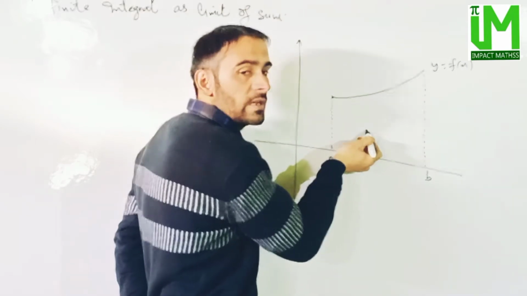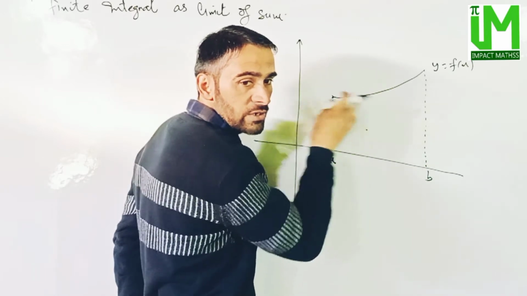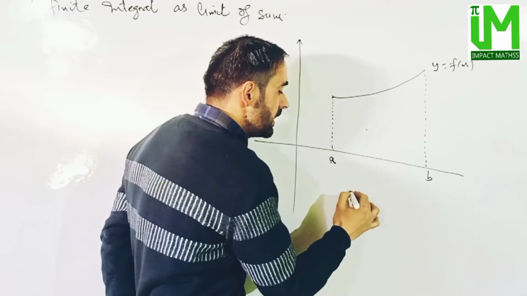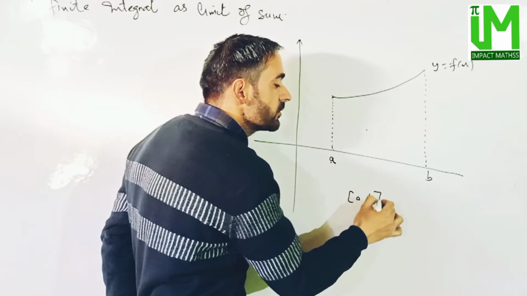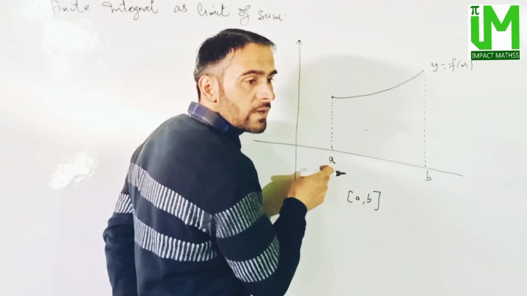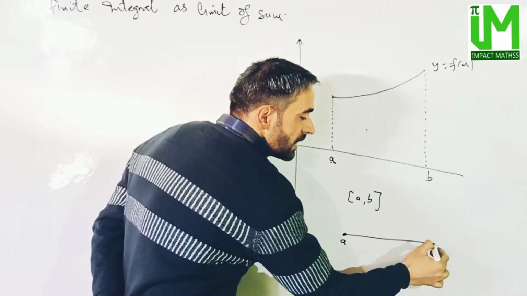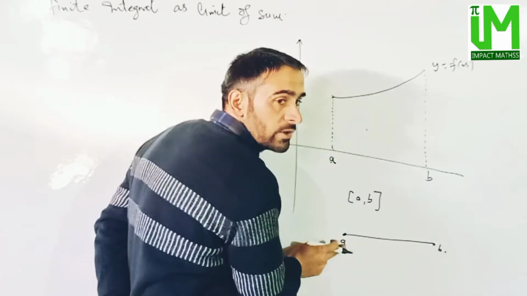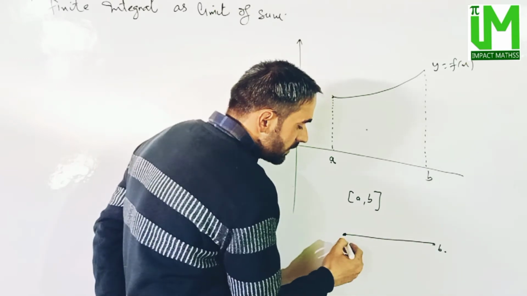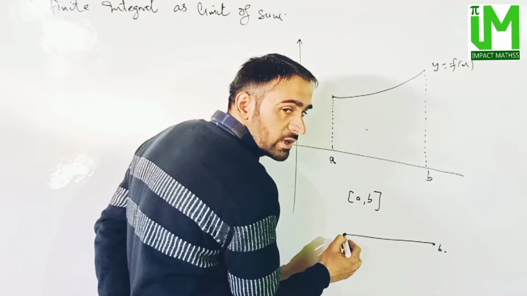To find this area, we divide the whole area into small rectangles. For that, we partition the closed interval a to b into n sub-intervals. Say a is equal to x naught, and we take equal intervals.